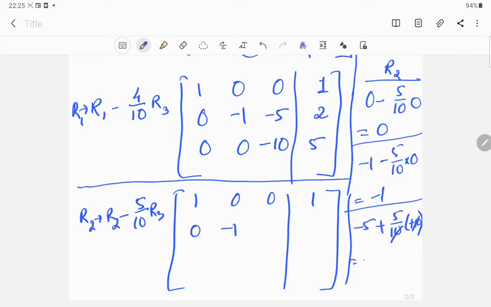So it's plus, minus 5 plus 5 is equal to 0.